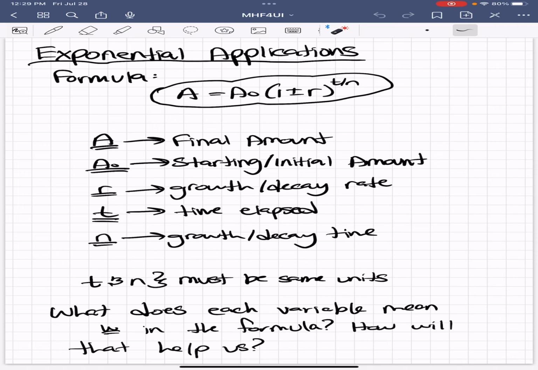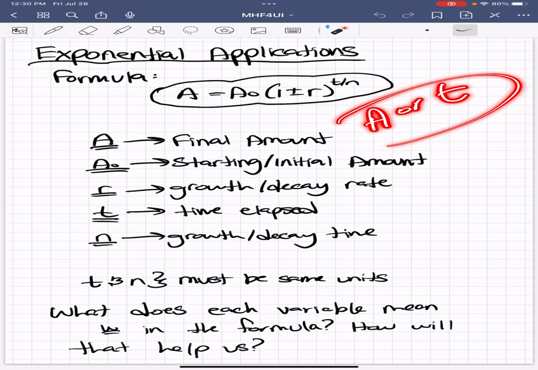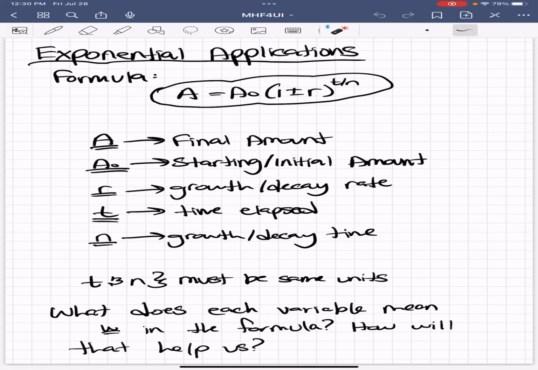Final amount is the final amount. We often solve for A or we solve for T in these equations. So A or T is what we're solving for. And then sometimes we solve for R.